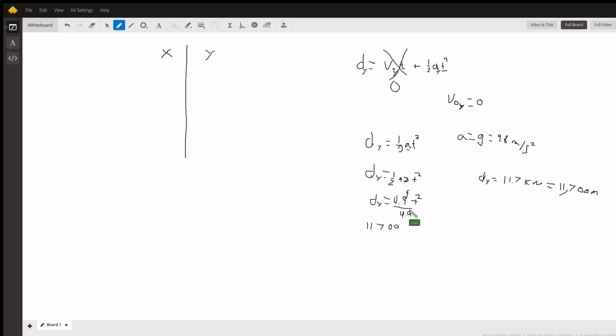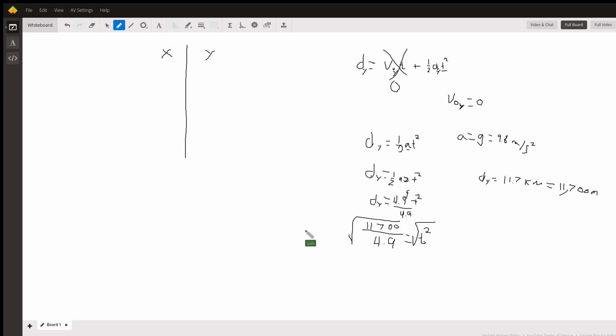Remember, where did we get 4.9 from? Half of 9.8, because we have that 1/2 in there. So 11,700 divided by 4.9 equals time squared. Now, just like x squared equals 49, always square root both sides, and congratulations, you have your time.